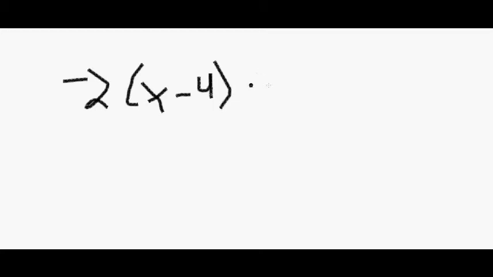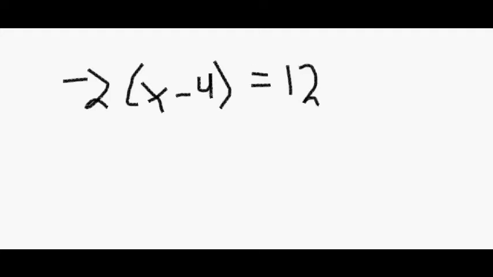Let's go over that. So for 55, let's say we have negative 2 times x to the 4th power equals 12.